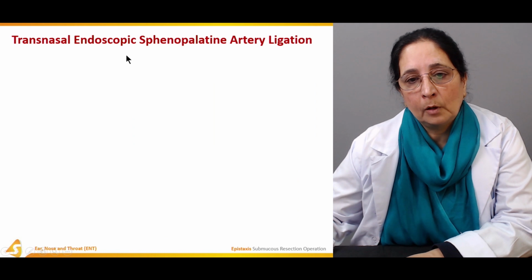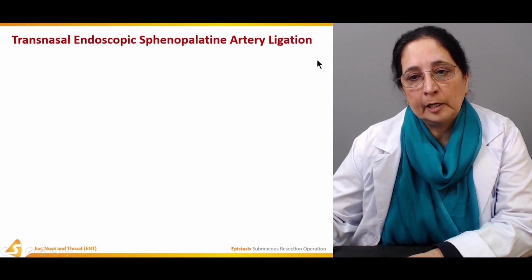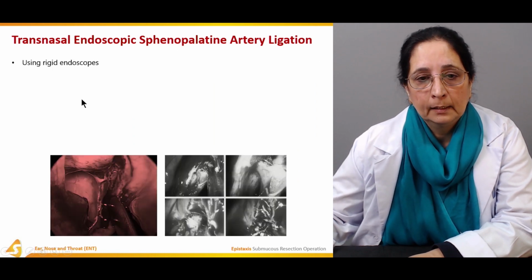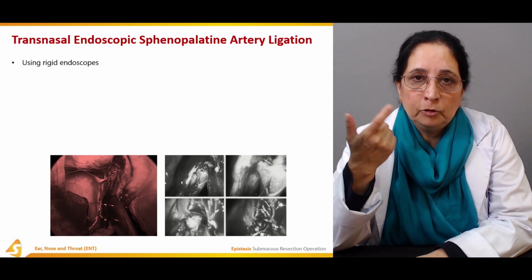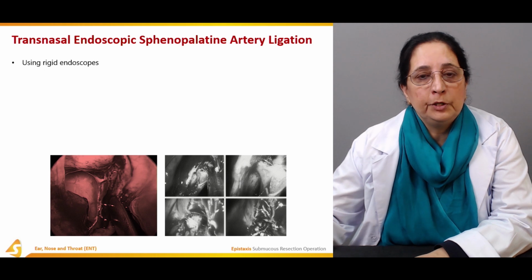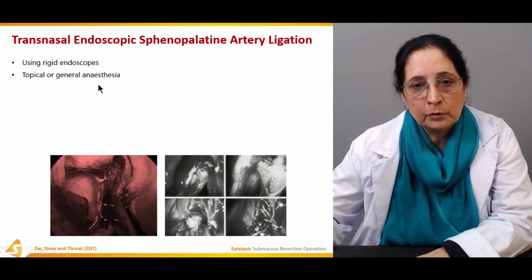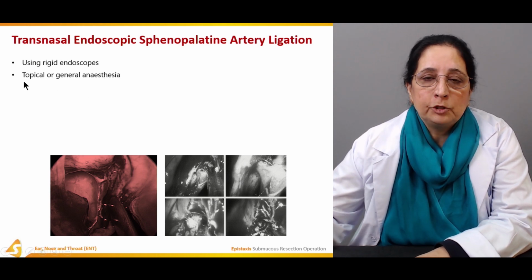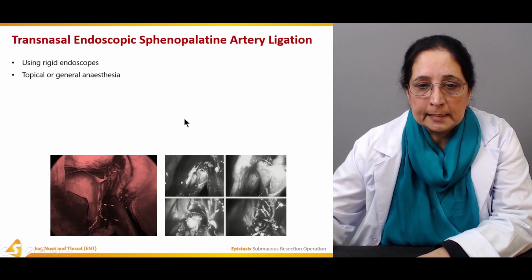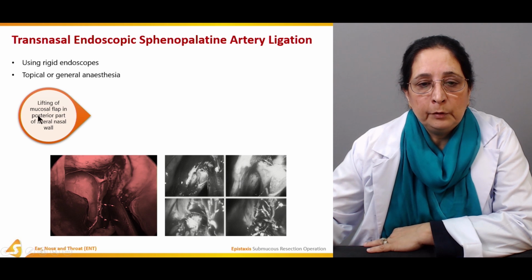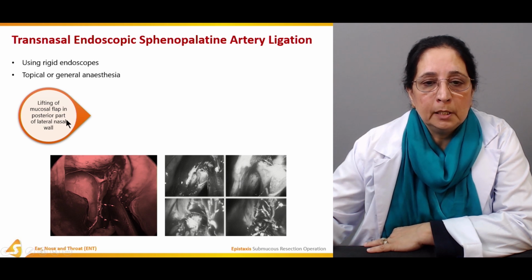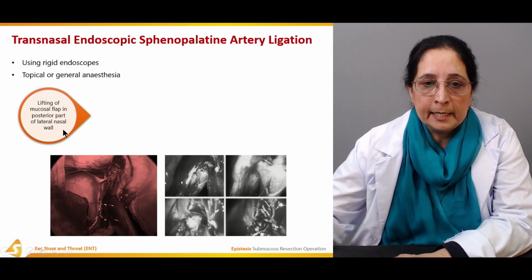Transnasal endoscopic sphenopalatine artery ligation using rigid endoscope. Transnasal is through the nasal approach. We use the endoscope to access; topical or general anesthesia is given. Lifting the mucosal flap in posterior part of lateral nasal wall.